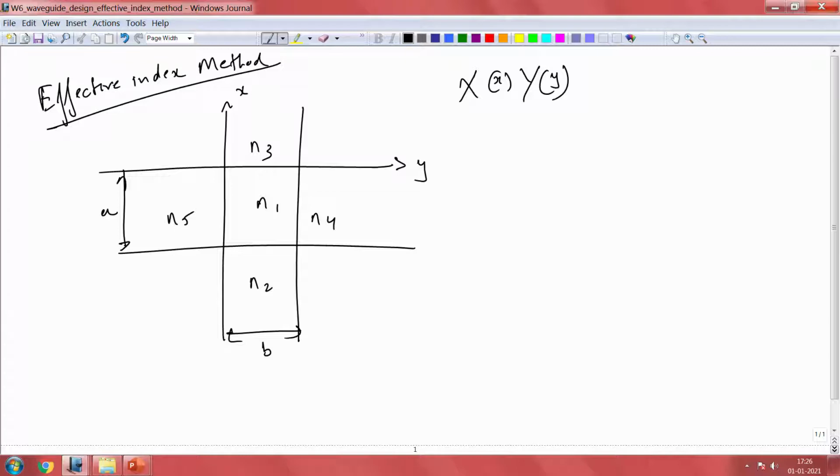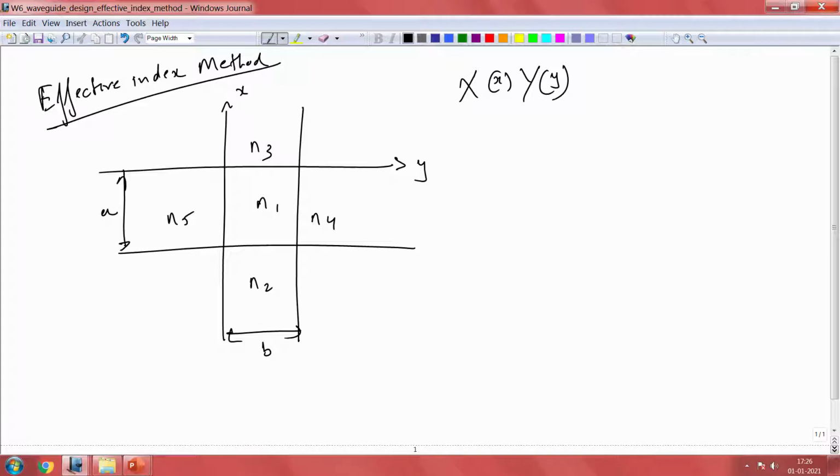So the idea here is to find the propagation constant beta, but also to have a much more accurate way of finding it without numerical errors, and it has to be rather quick as well. So you want a very simple method for that.